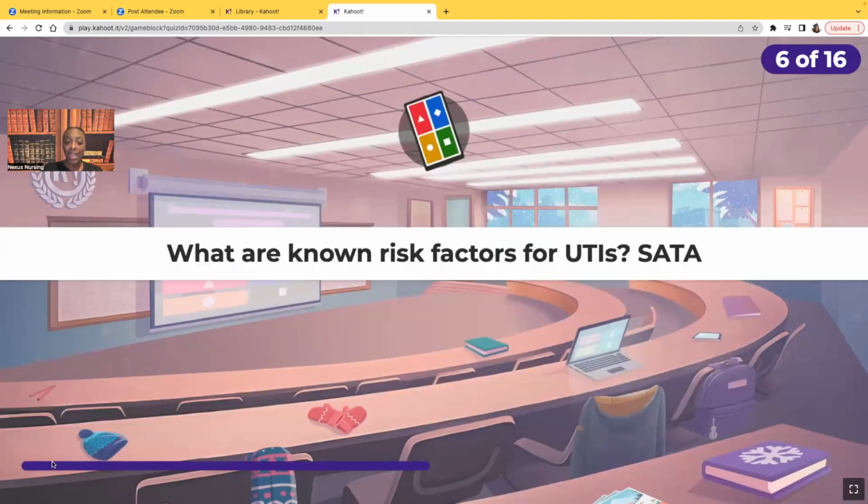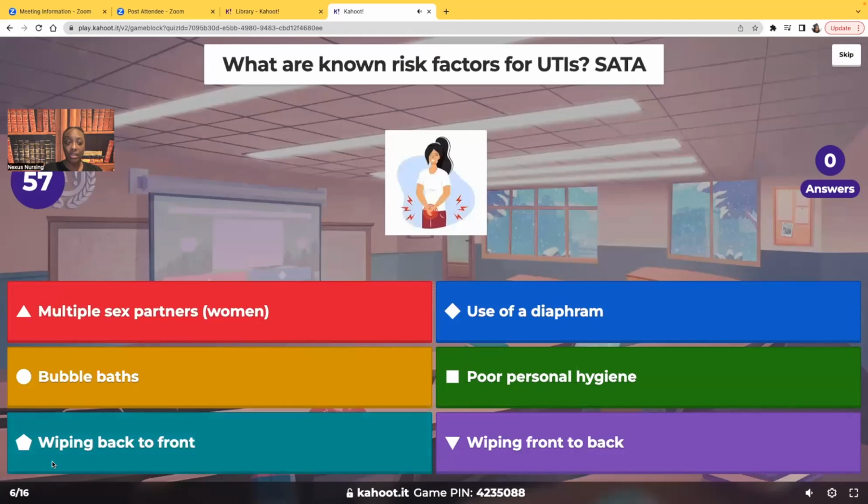Select all that apply. What are the known risk factors for urinary tract infections? Here are our choices. Multiple sex partners in women, the use of a diaphragm, taking bubble baths, poor personal hygiene, wiping back to front, wiping front to back. Select all that apply.